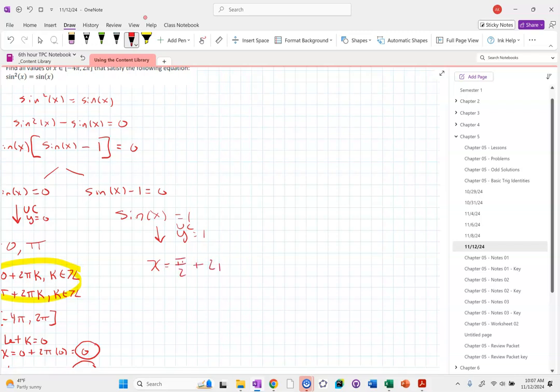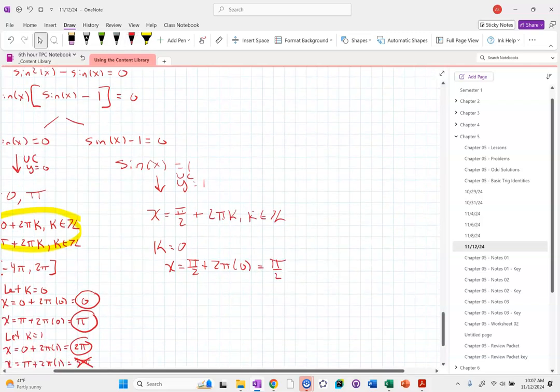So I'll just tack on that plus 2 pi k piece. And then start checking. So if I do k equals 0, that one spits out 2 pi. Great.